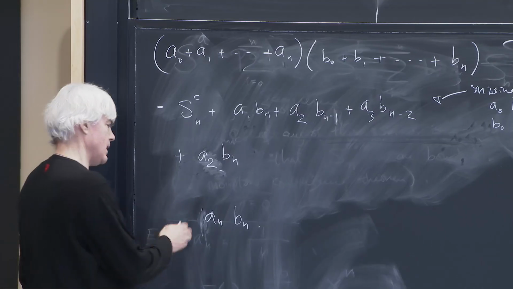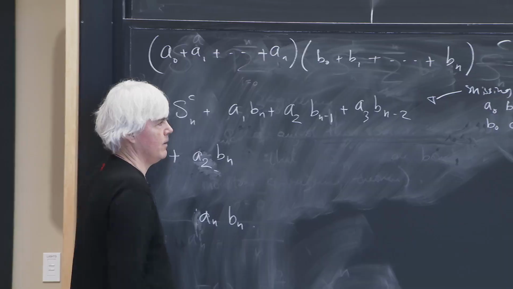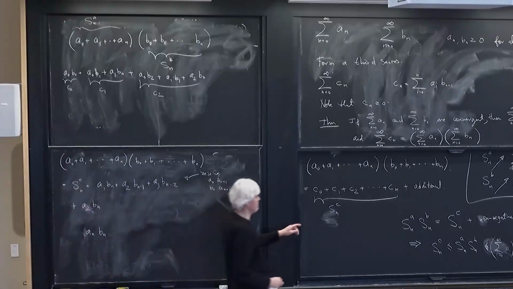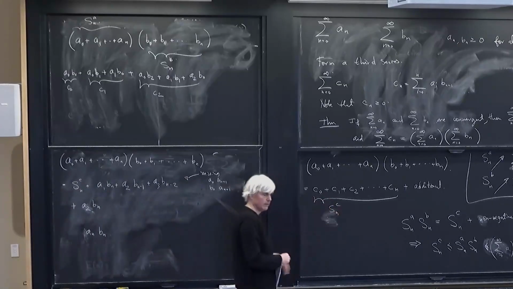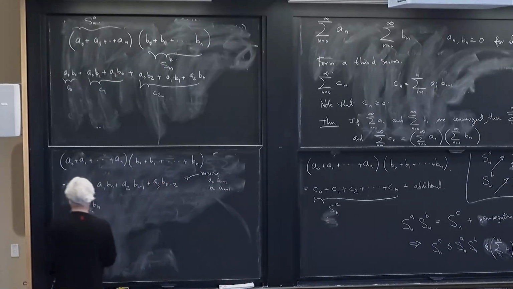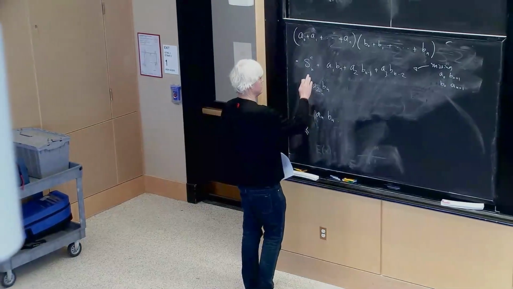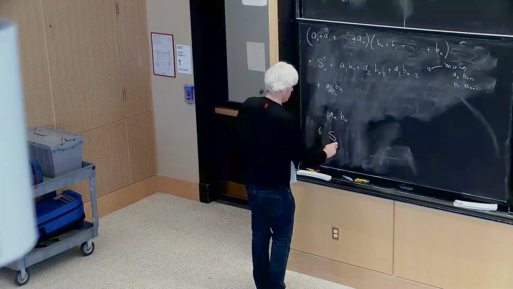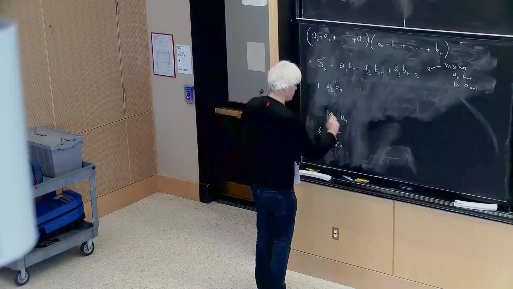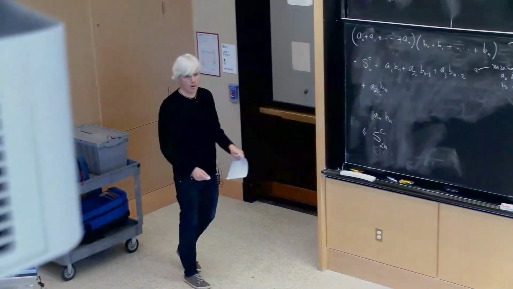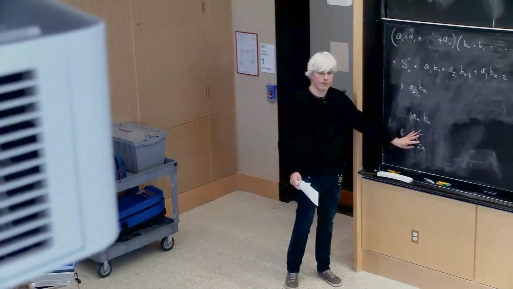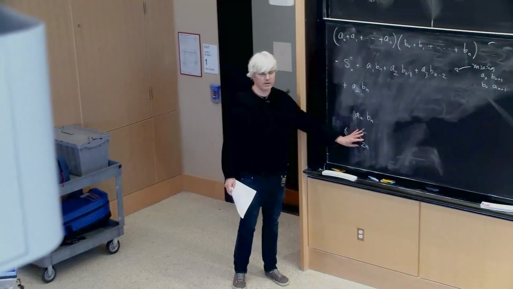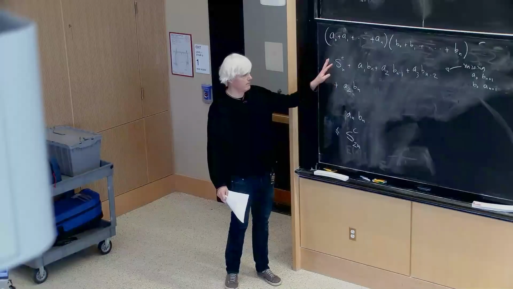But it is a term that does appear, and this one would appear in C2n. So in this way, what you have is that this here is less than S to the power 2nC. They are all in there, but you will be missing terms, but all terms are non-negative. So this means that you have that inequality.